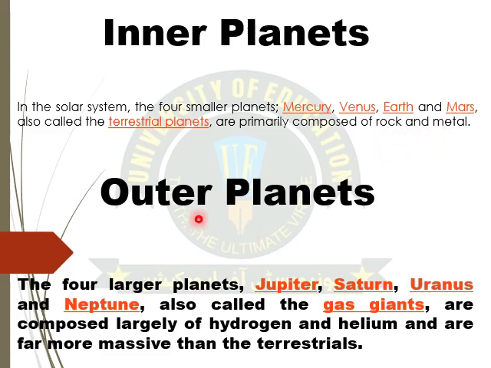On the other hand, there are 4 different outer planets. Outer planets are also called larger planets or gas giants. Number 1 is Jupiter, number 2 is Saturn, number 3 is Uranus and number 4 is Neptune.